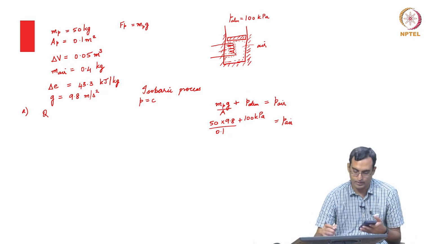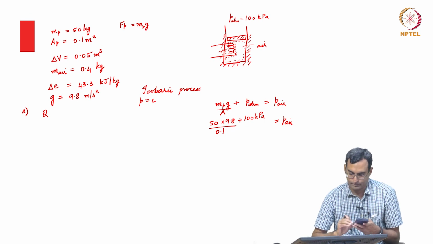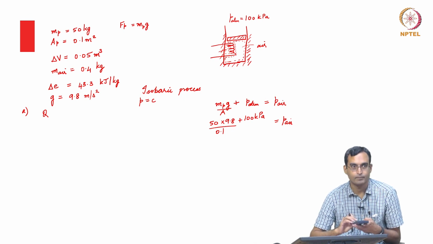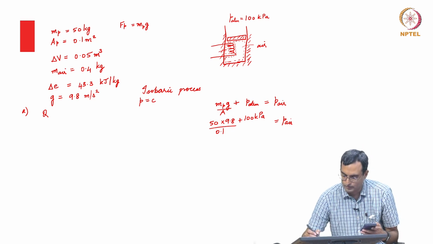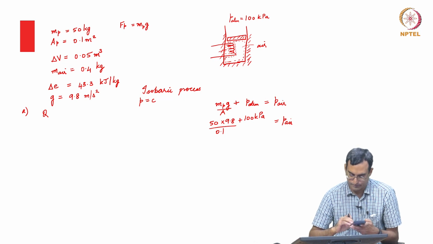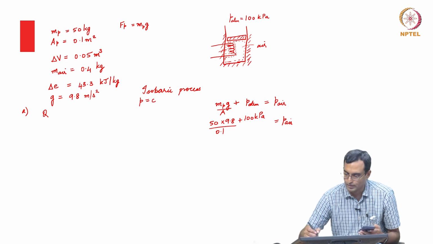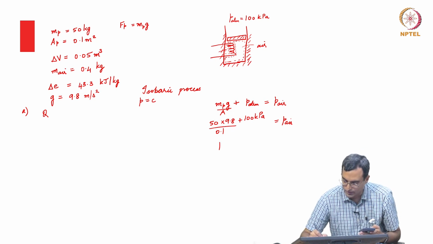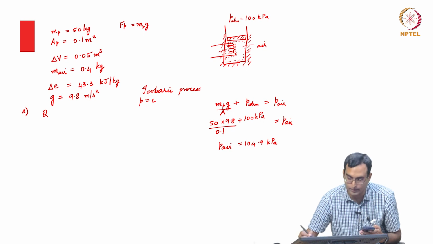We can find out this. So we find out that the air pressure is equal to 104.9 kilopascal.